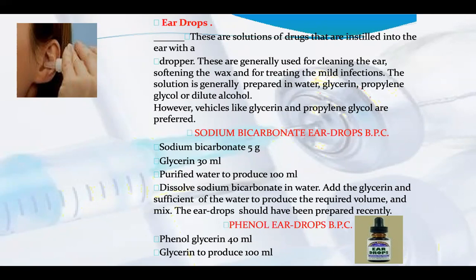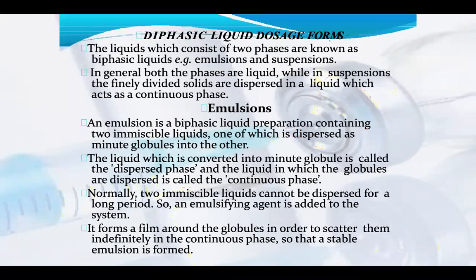The solution is generally prepared in water, glycerine, propylene glycol, and dilute alcohol. Other vehicles like glycerine and propylene glycol are preferred. So there are sodium bicarbonate ear drops, phenol ear drops, and so on. So next is the biphasic.